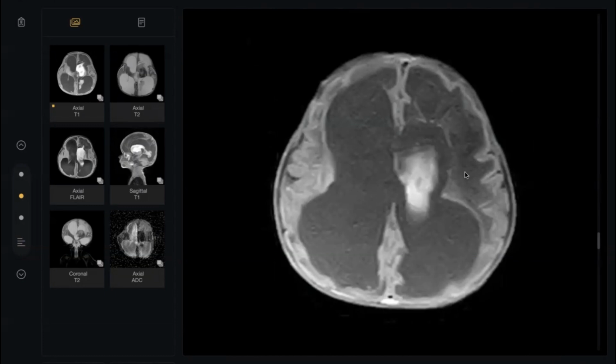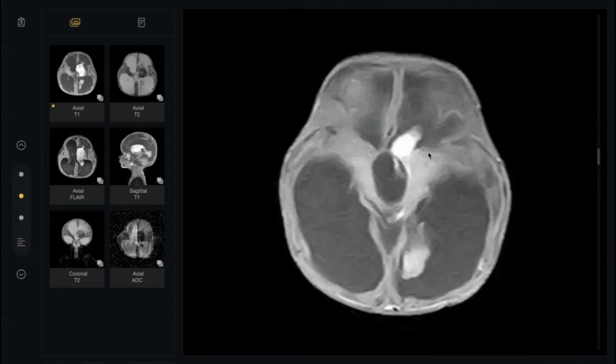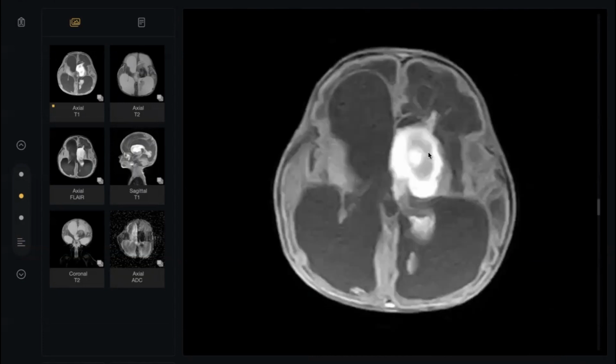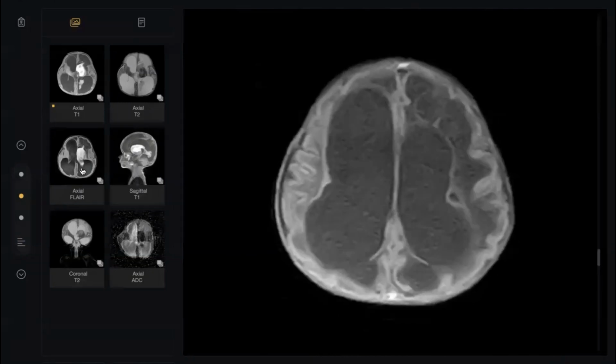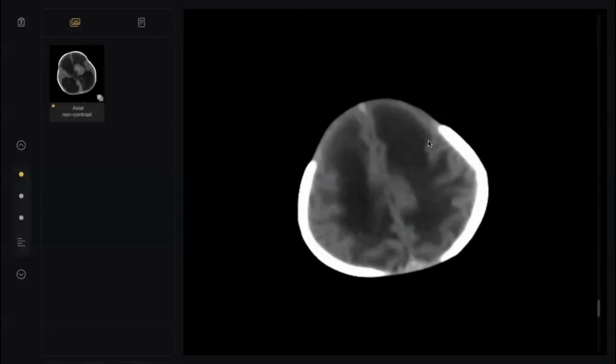Almost this hemorrhage. Correct? And we don't know what happened here. I think this is a very late stage.